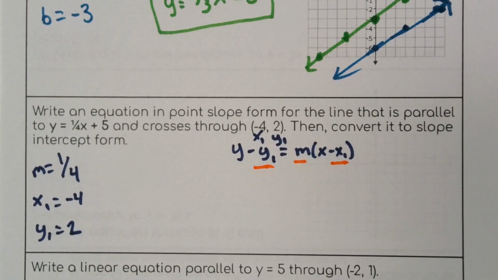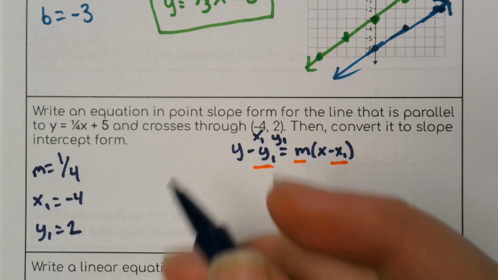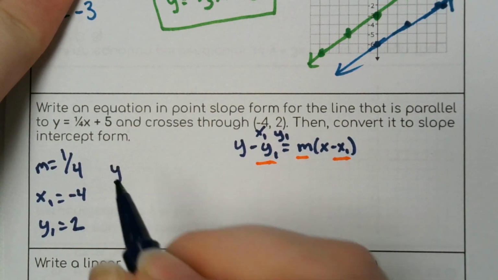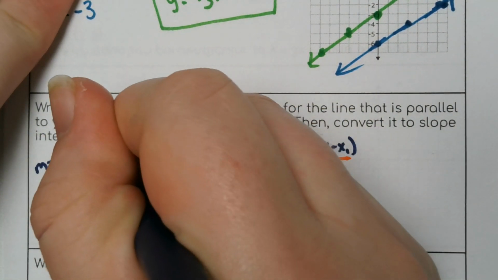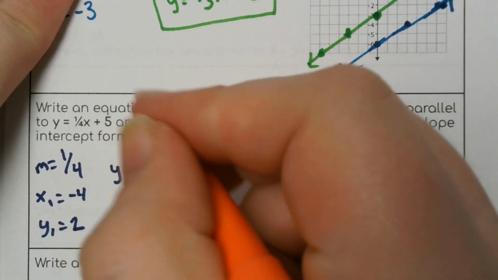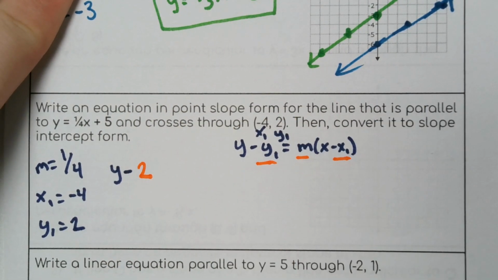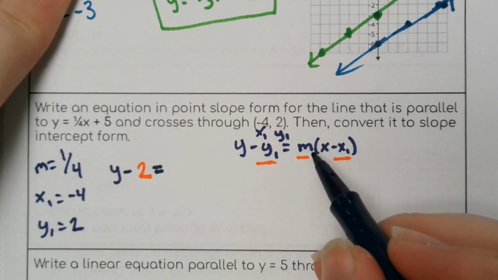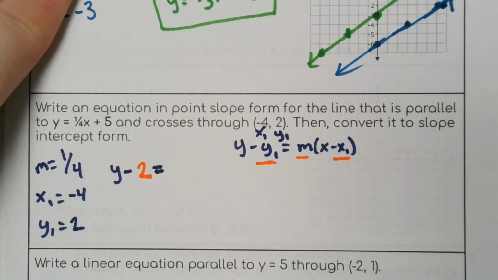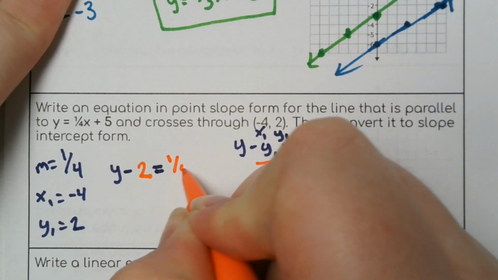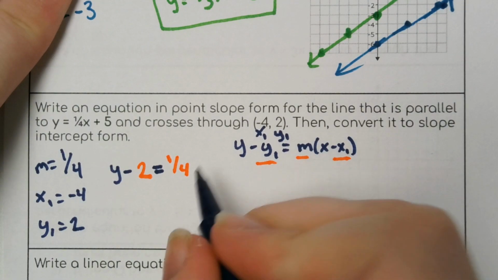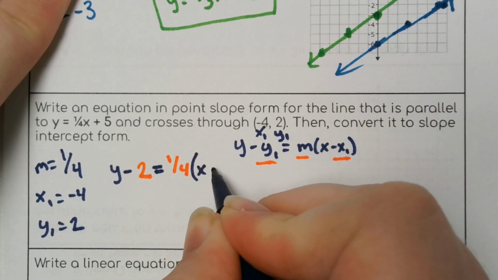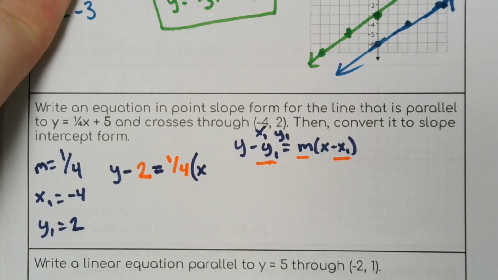The rest will look the exact same. So we do y minus y1, which is 2. So y minus 2 equals, m is 1/4, good. And then that parenthesis x minus, we're going to do minus -4.